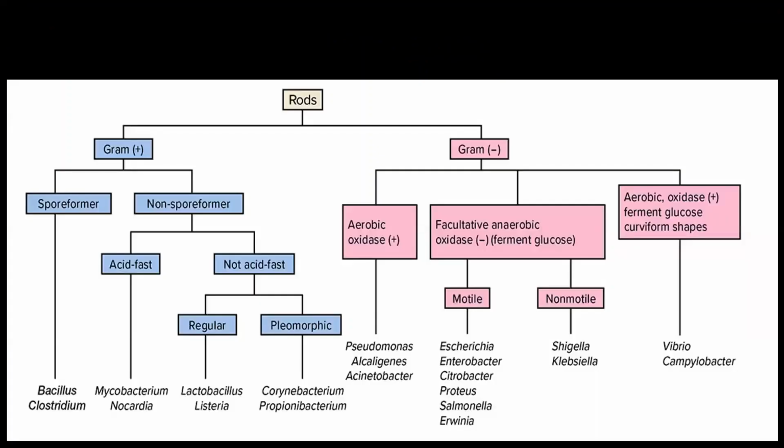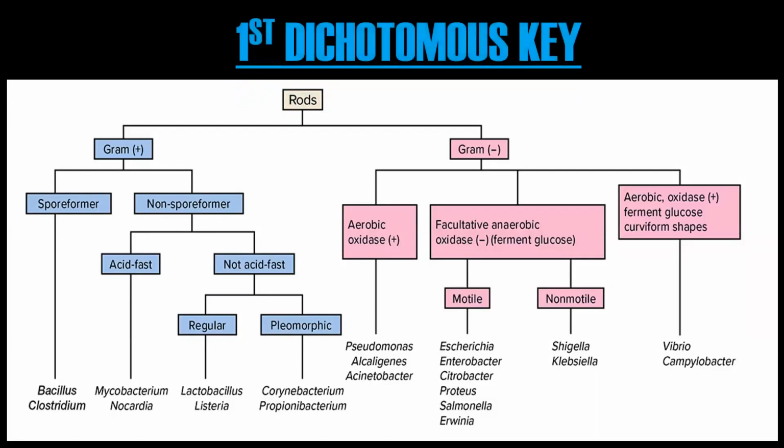Okay, for this exercise, lab experiments 11 until 20, you have to be sure that you are able to use the dichotomous key, which is the key used for testing unknown bacteria. So the first thing that you do is actually to isolate the bacteria until the pure culture.